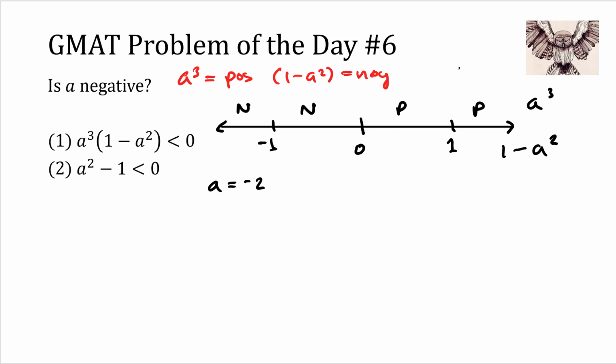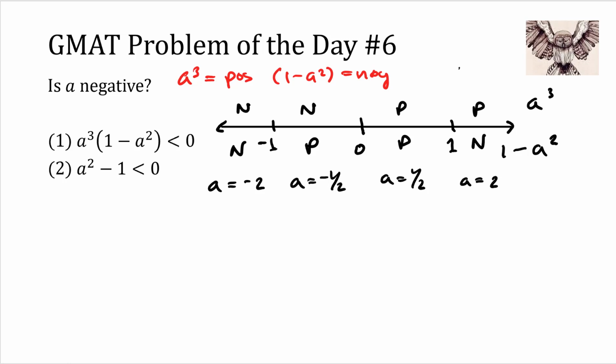A equals -2 for this part: that would be 1 minus 4, so negative. Here we can try a equals -1/2. That's 1 minus 1/4, which is 3/4, so positive here. Then a equals 1/2 gives positive again, and for a equals 2 we get a negative.